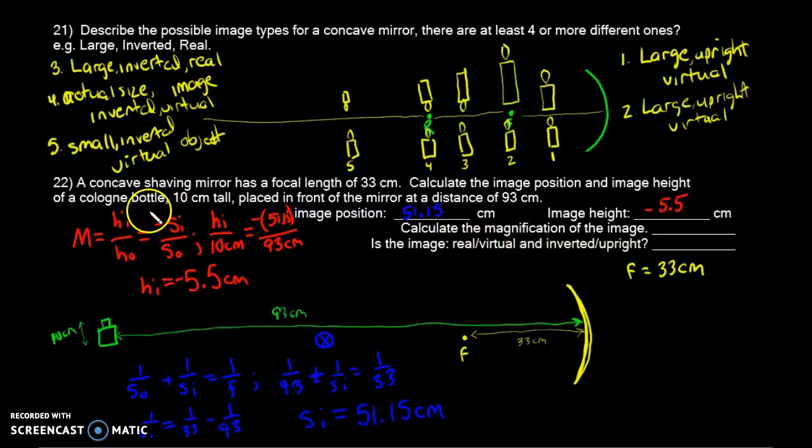I can use this, since I already have it set up here, to calculate my magnification. Let's do that in orange. So magnification M equals, and now that I have all the numbers, I can choose any of them.